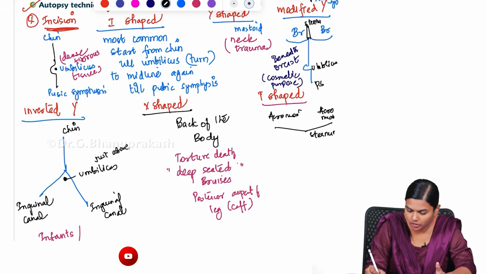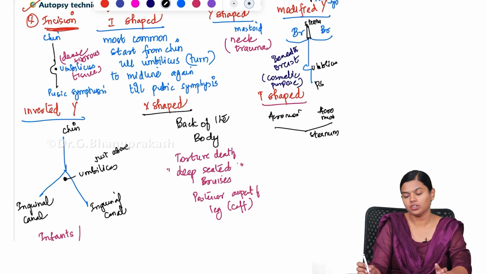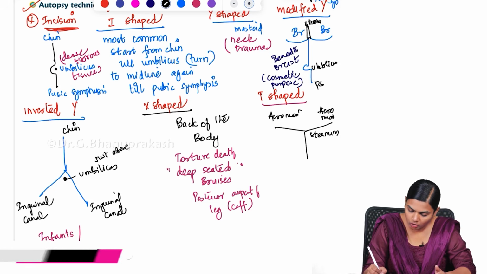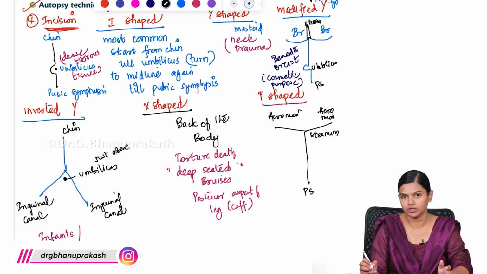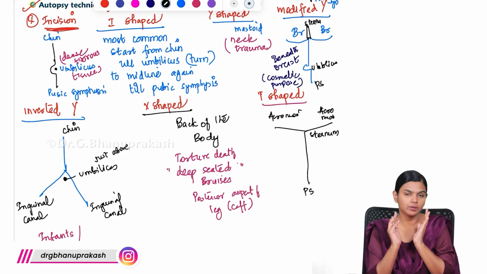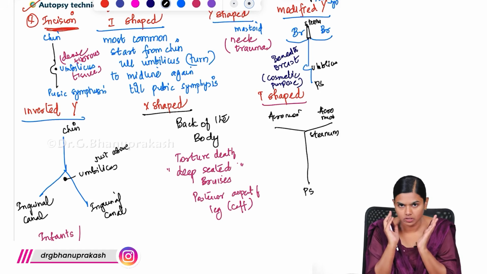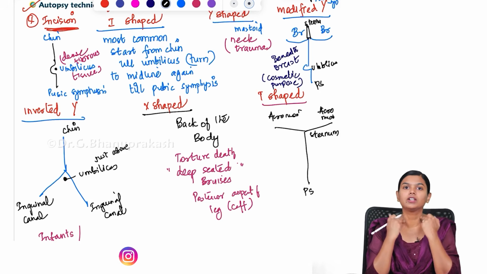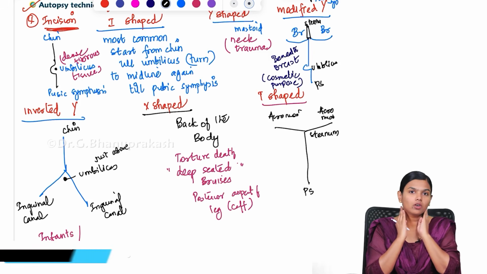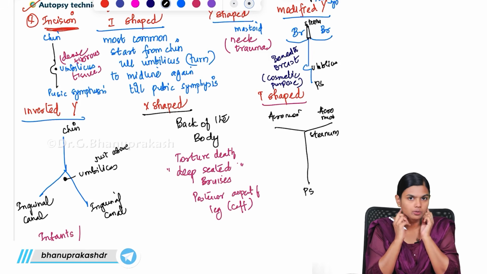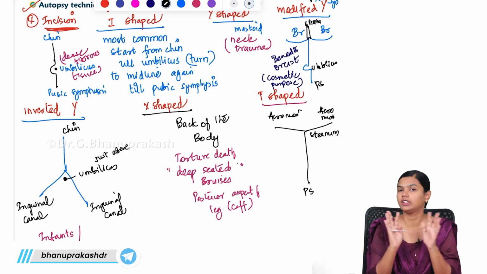Just like your Y-shaped incision, it will converge over the sternum and go in the midline till the pubic symphysis. This is your T-shaped incision. In the Y-shaped incision, we started from the mastoid. Both mastoids converge here, so your neck is free, but the base of the neck, the posterior aspect and the lateral aspect, is not free.